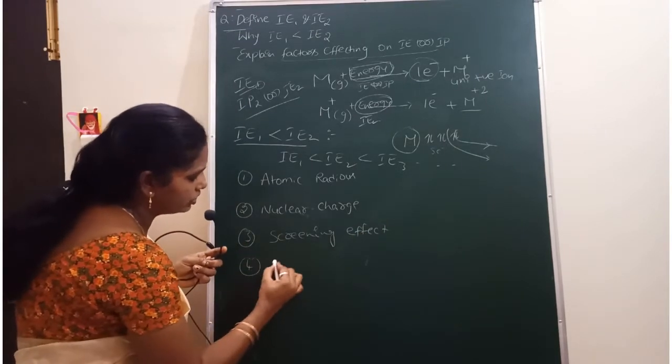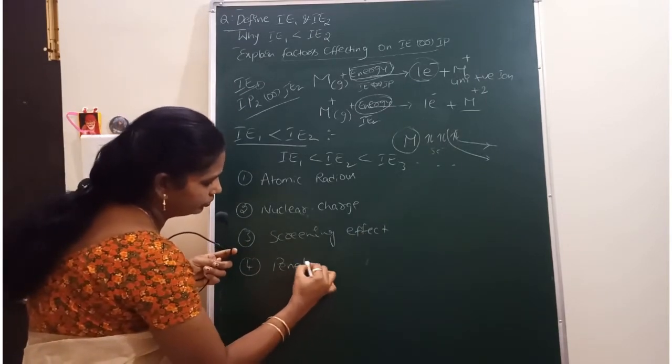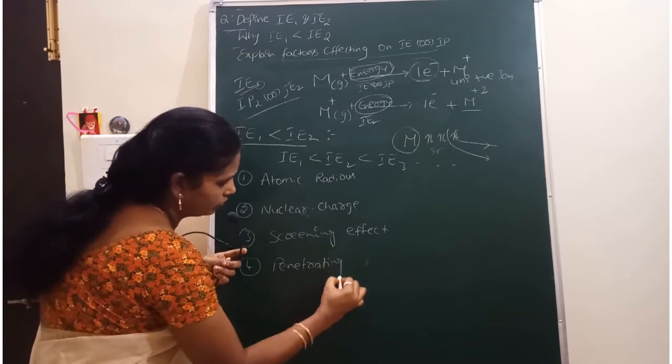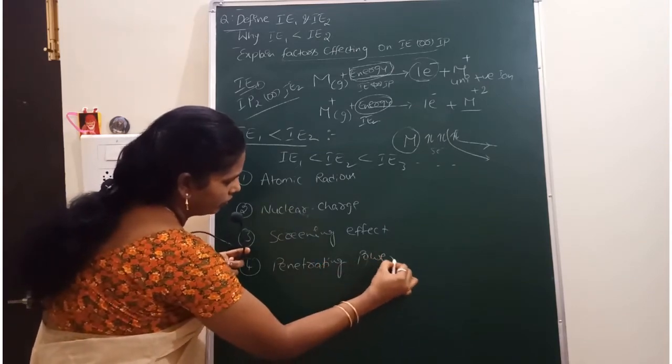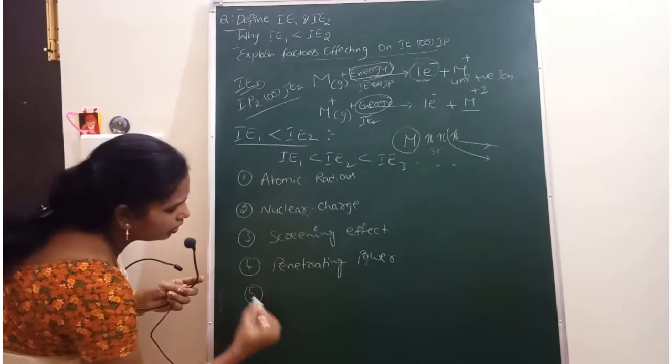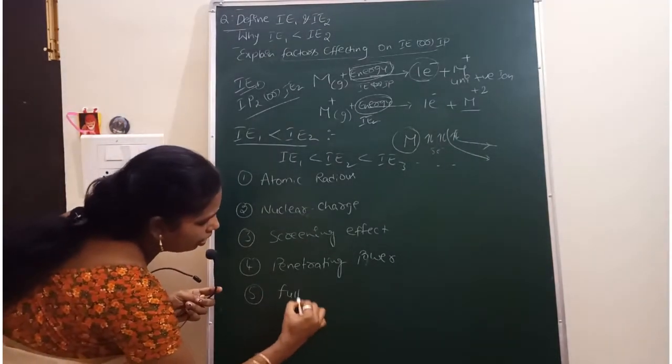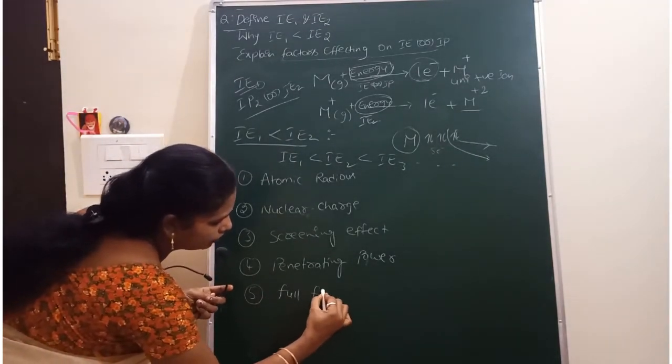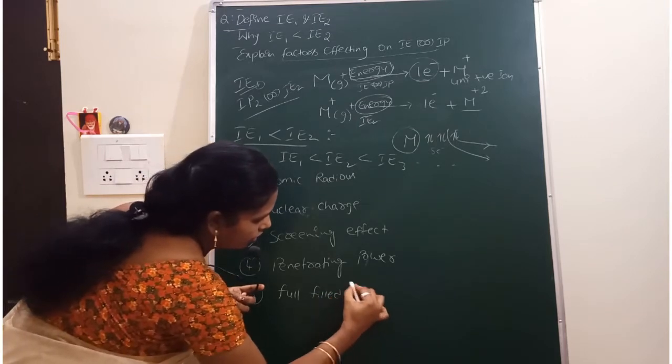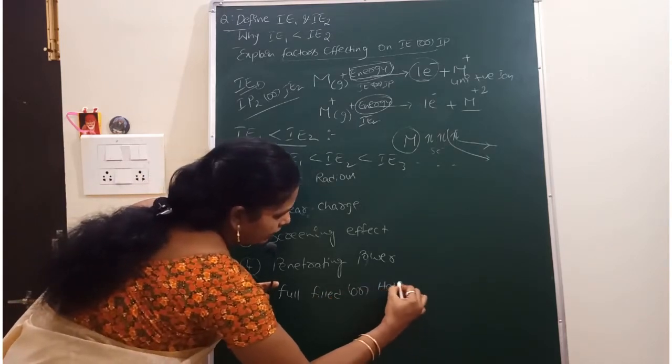The fourth one is penetrating power. And finally, full-filled or half-filled orbitals.